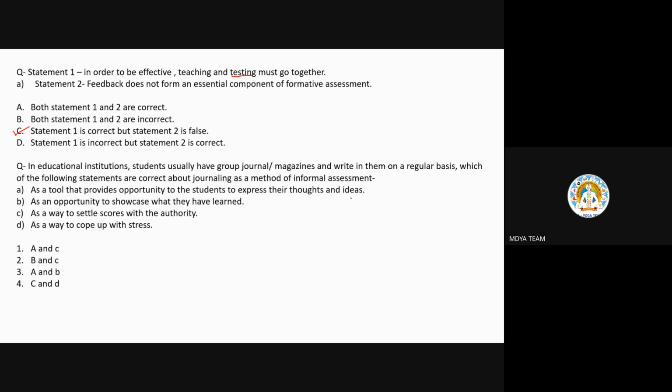That is correct. And as an opportunity to showcase what they have learned. If they have knowledge about something, they are able to write about it. Now it has nothing to do with settling scores with the authority, and as a way to cope with stress. C and D are absolutely wrong, so the correct answer is A and B.